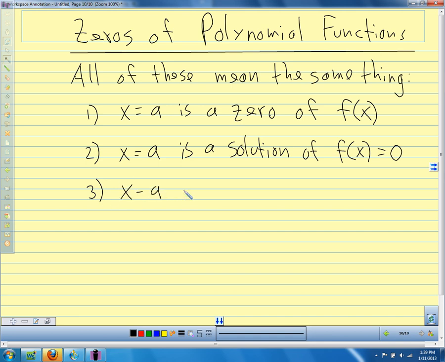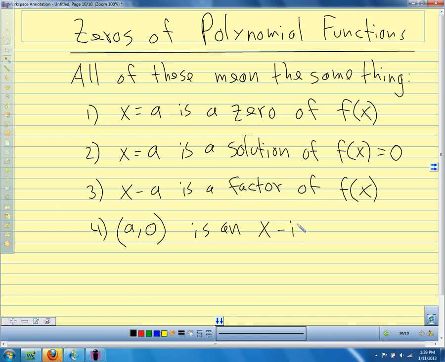Three, x minus a is a factor of f of x. And the last statement that means the same thing, the number a, the point (a, 0), is an x-intercept of the graph of f.